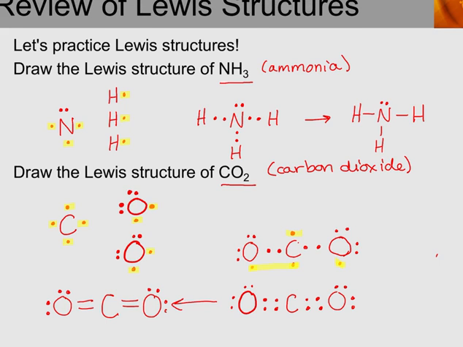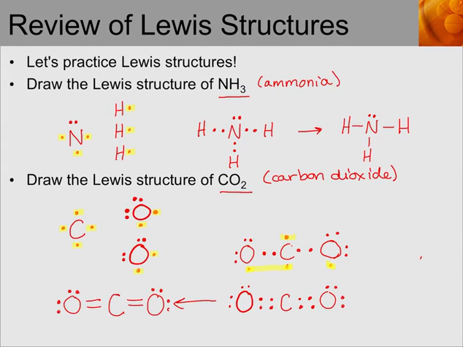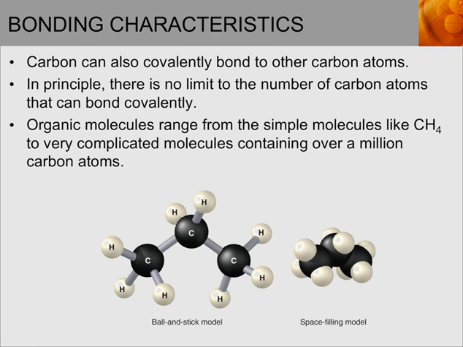Let's just talk about one more thing before we end the lecture here. Bonding characteristics. So we saw that carbon can covalently bond to other atoms, and one of those other atoms could be another carbon atom. So in principle, there's no limit to the number of carbon atoms that can bond covalently.